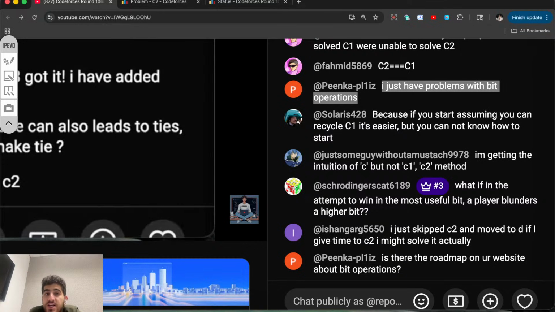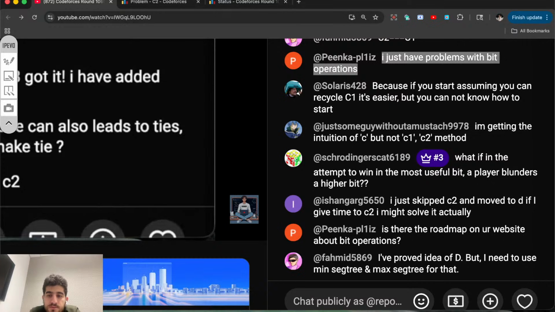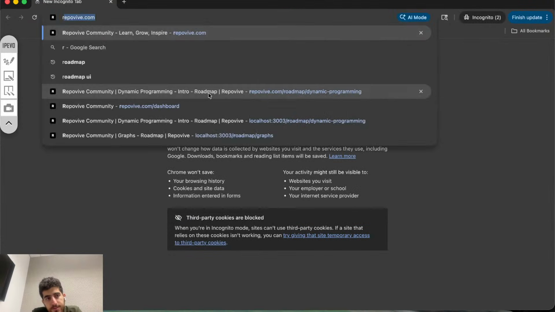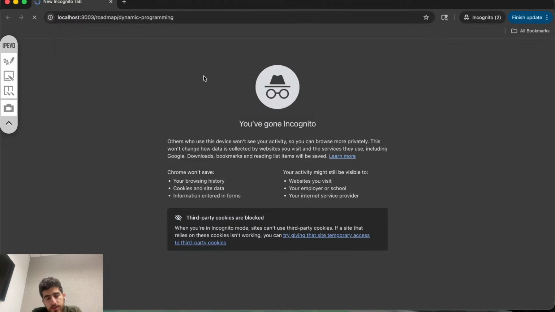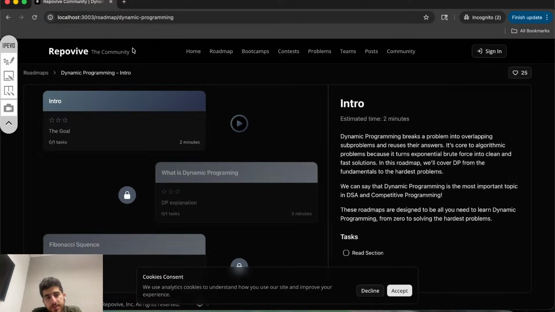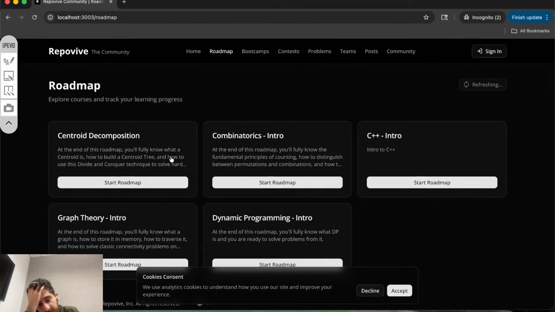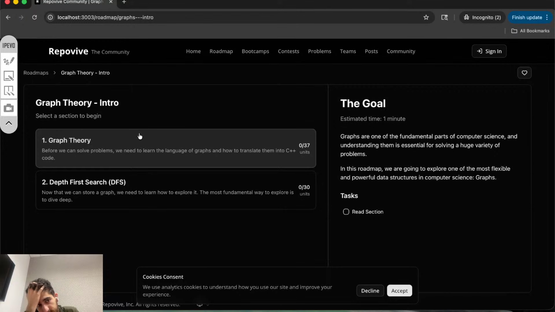About bit operations, not yet, but now that you talked about it, I'm thinking about writing one. At the moment, we just have this 5 released. This graph one just released, and as I said, it's using a new UI. We have different sections. This is the first time.